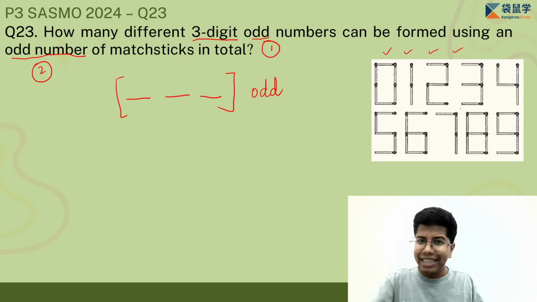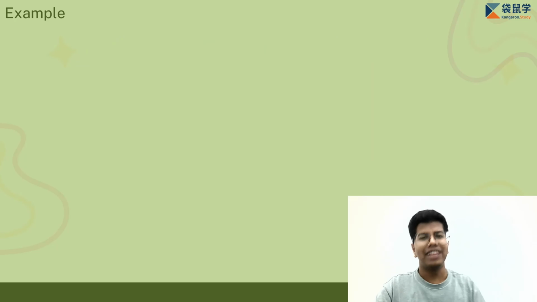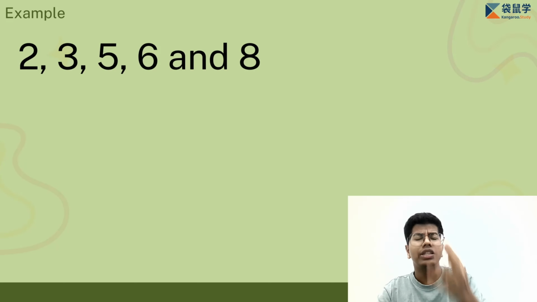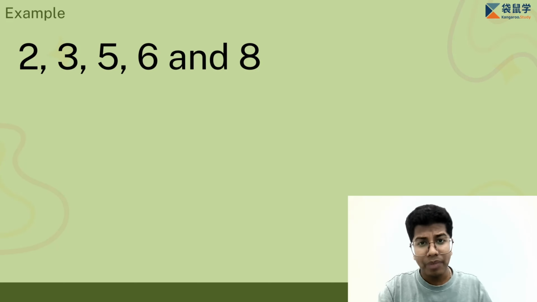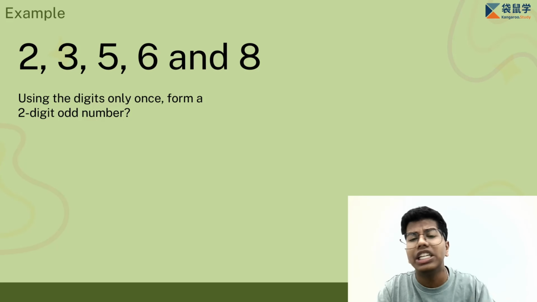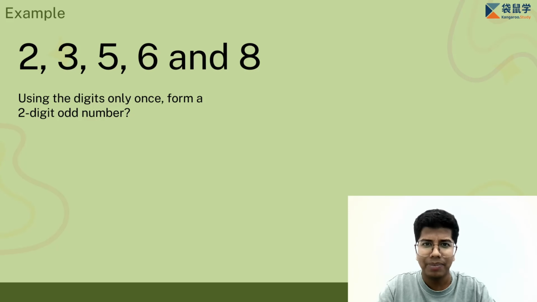So to understand this, let's take an example. Let's say I have some digits like 2, 3, 5, 6 and 8. And we need to find out how many 2-digit odd numbers we can form from these digits.